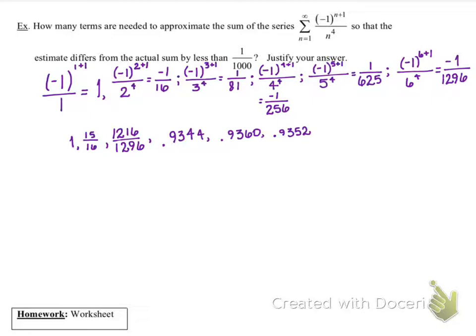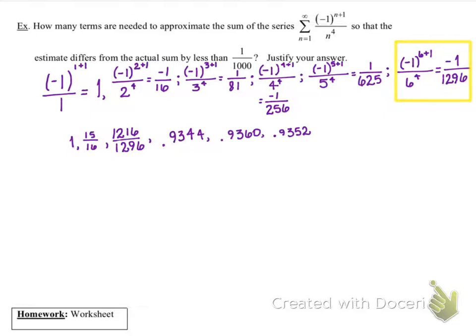And that 6th term is 1/1296. So that gives us our upper bound. That error is already smaller than what we want, which is 1/1000th. So let's go look at that real quick.